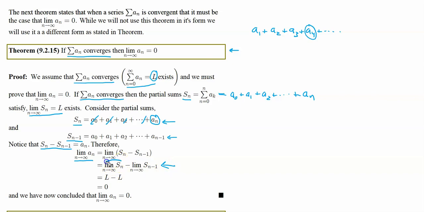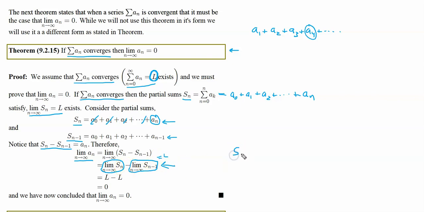However, both of these limits are supposed to be L because they are supposed to exist and equal this number up here. Now notice this one is s sub n minus 1. Well, it doesn't really matter. This limit is still going to equal L.